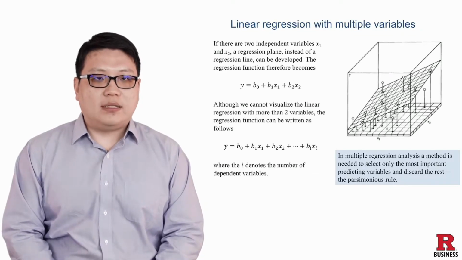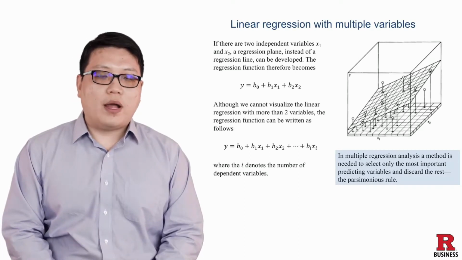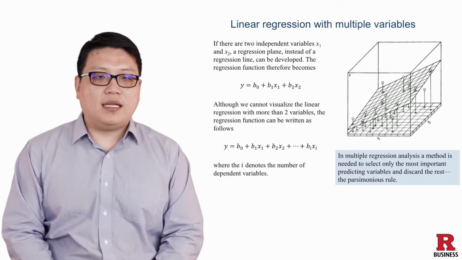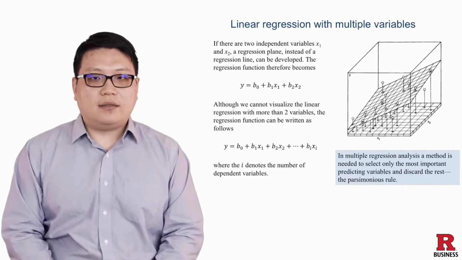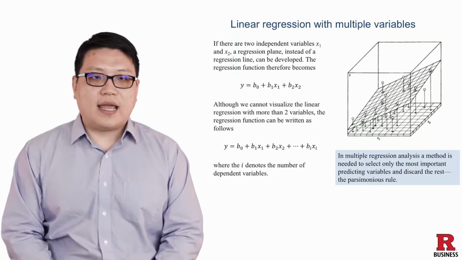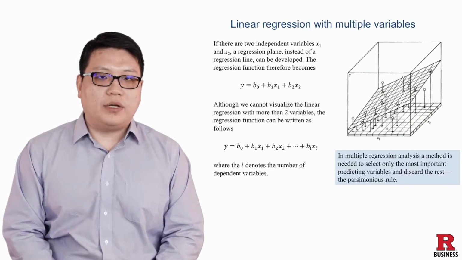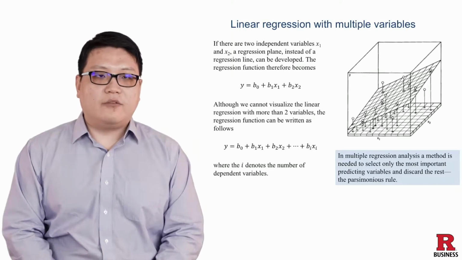So we have just talked about the simple linear regression where we have one dependent variable and one independent variable, and using ordinary least square. And in fact, we can extend this model to incorporate multiple variables.